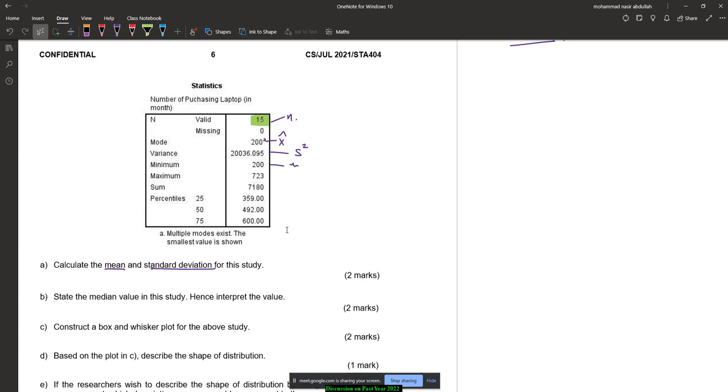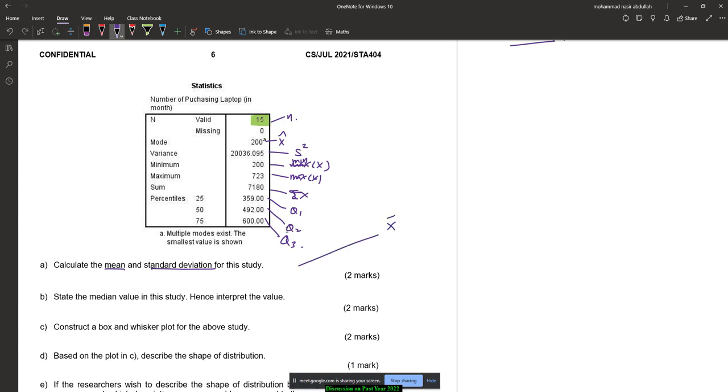This is max x, this is min x, this is max x, and this is the total of x. This is quarter 1, quarter 2, and quarter 3. Right? So calculate mean and standard deviation.